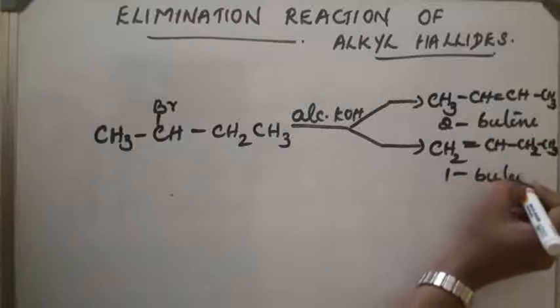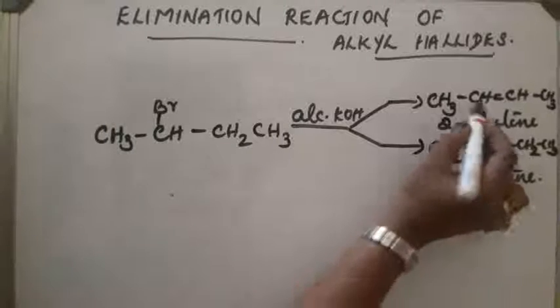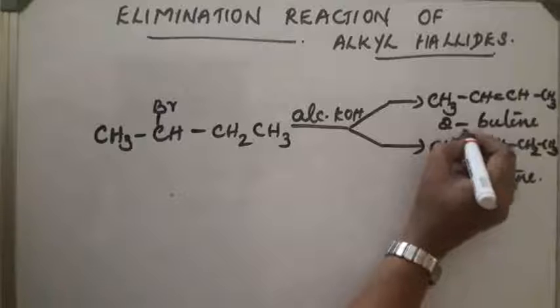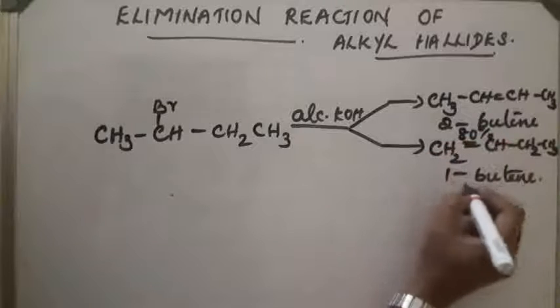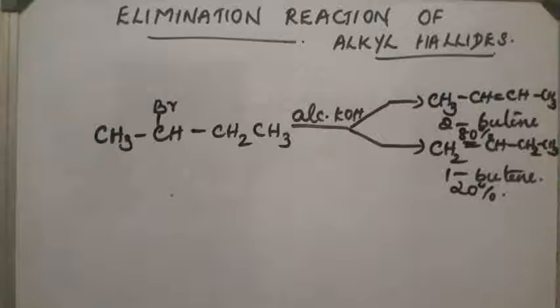So two alkenes are obtained, in which 2-butene will be the major product according to Saytzeff's rule, because it is the most substituted alkene compared to 1-butene. So this will be 80% and this will be 20%. This is the elimination reaction.